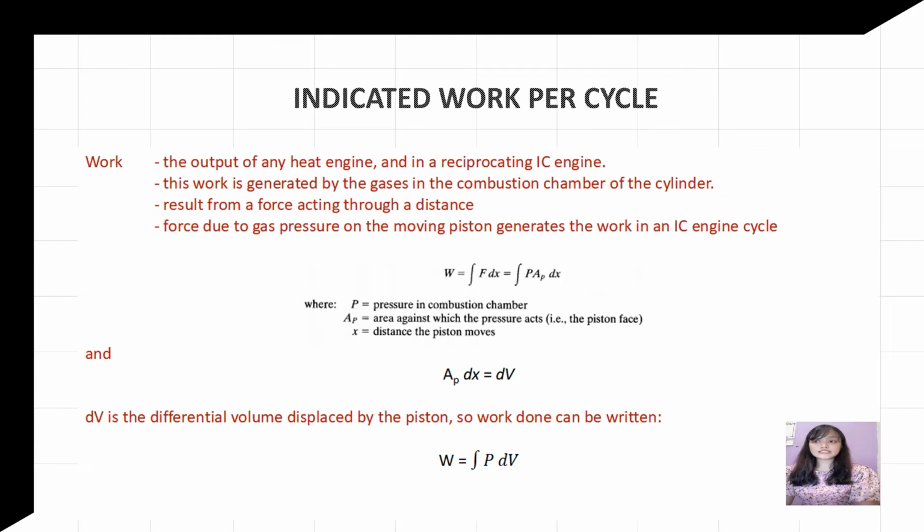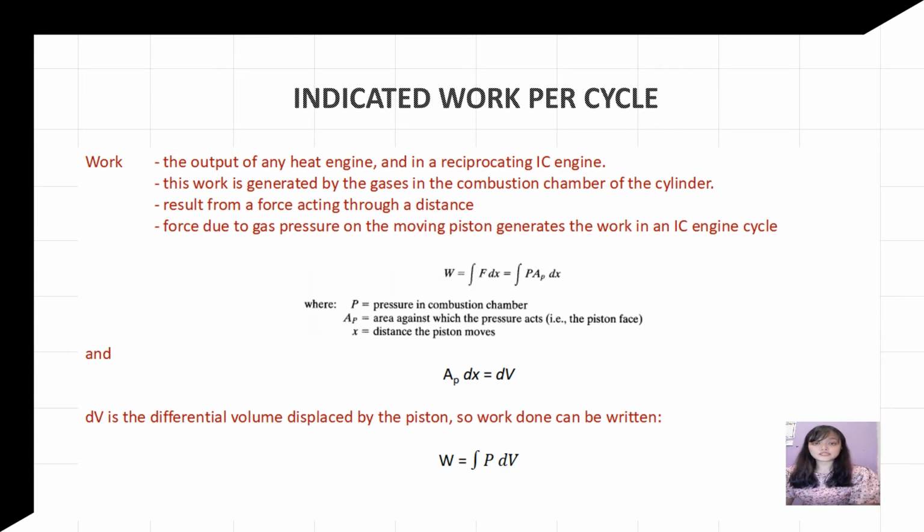Work in this scenario is defined as the output of any heat engine, and in a reciprocating IC engine, this work is generated by the gases in the combustion chamber of the cylinder. This results from a force acting through a distance. This force due to gas pressure on the moving piston generates the work in an IC engine cycle.